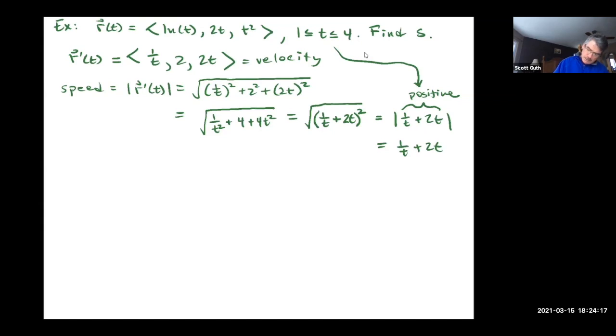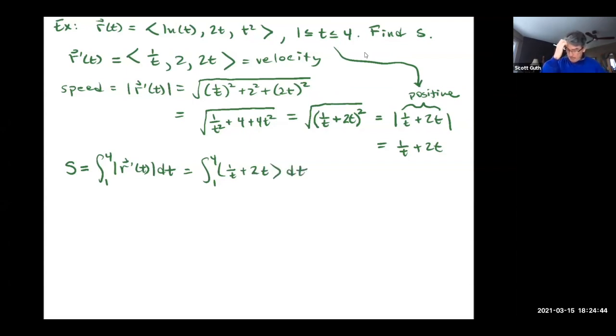Okay, and then the arc length s is the integral from 1 to 4 of the magnitude of r prime of t dt. So this is the integral from 1 to 4, and it turns out to just be 1 over t plus 2t dt. All right, any questions?